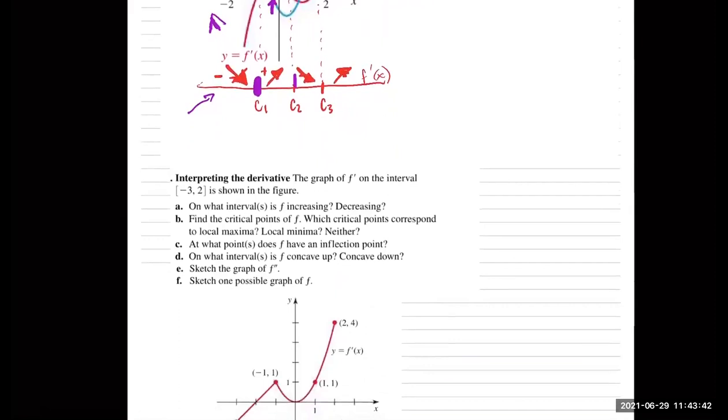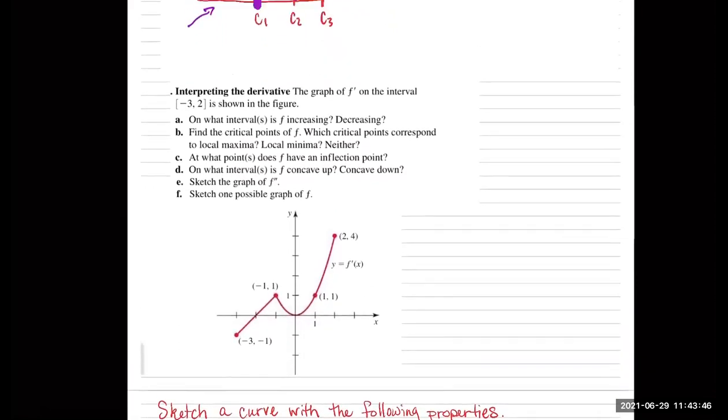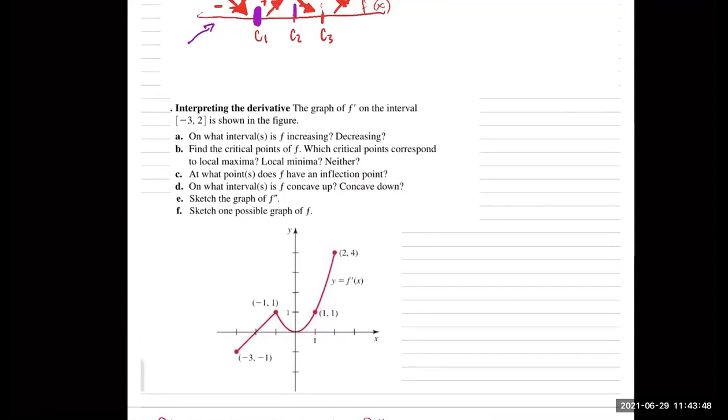All right, so let's try another one where we're just thinking about what happens to our function. Really pay attention to the directions. Notice here it says the graph of f prime is given. So this graph is the graph of the derivative, not the original function. So you've got to really watch out for that.